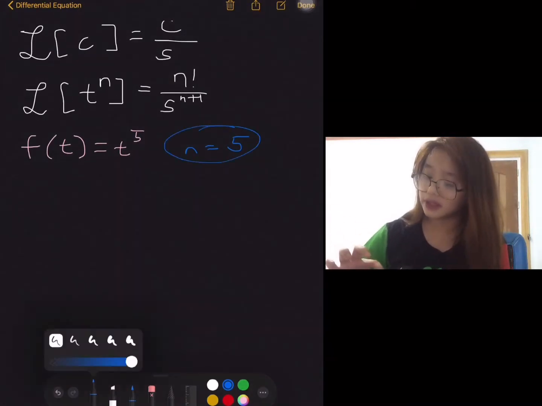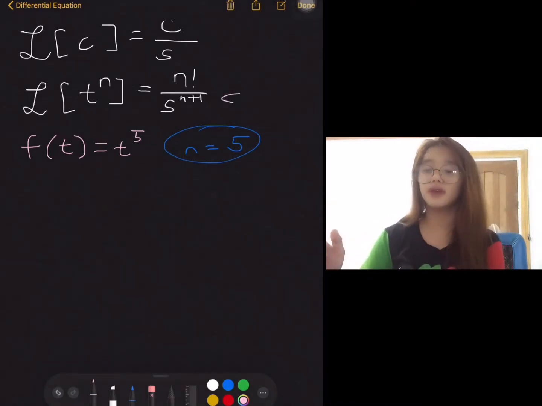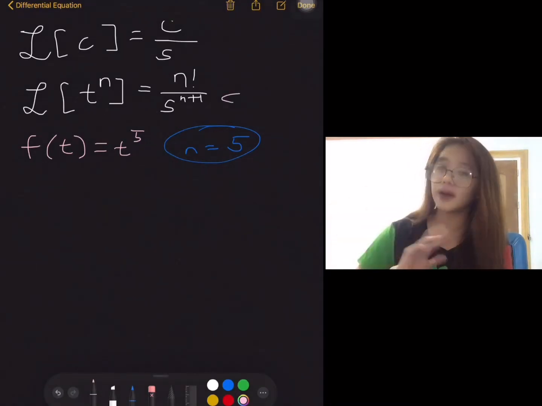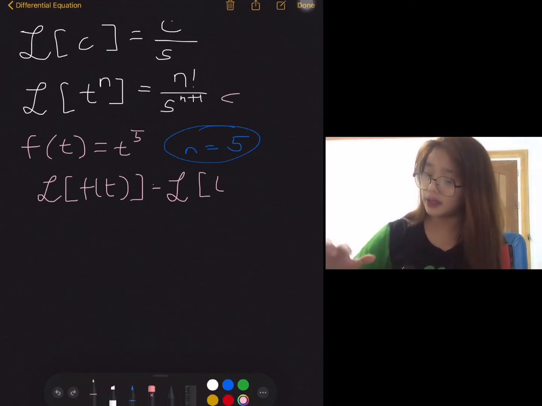For this example, we will use this equation. We will get the Laplace transform of both sides. The Laplace transform of f of t is equal to the Laplace transform of t raised to 5.